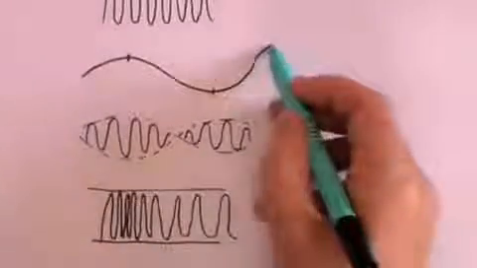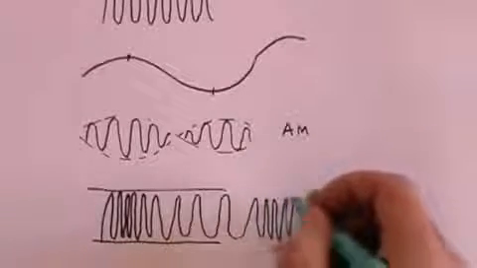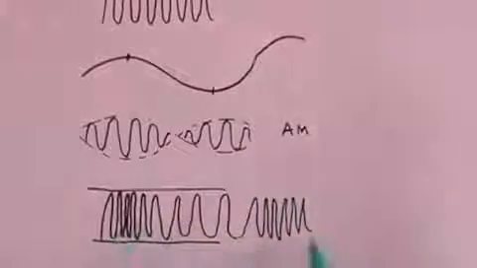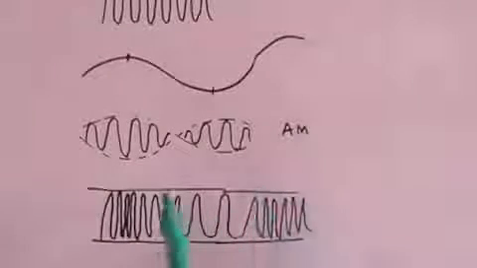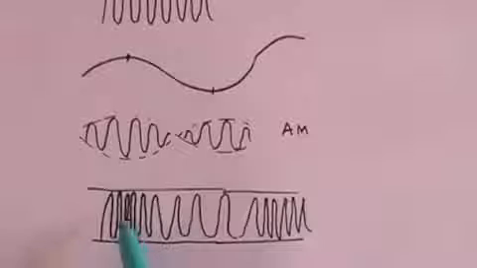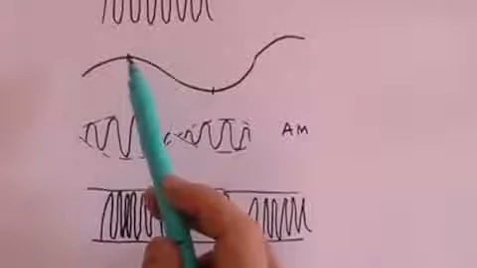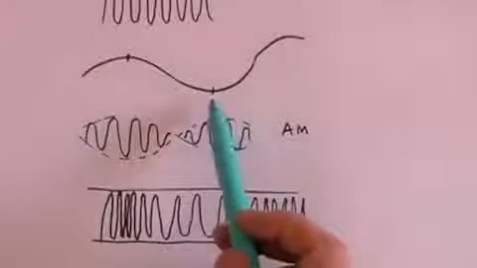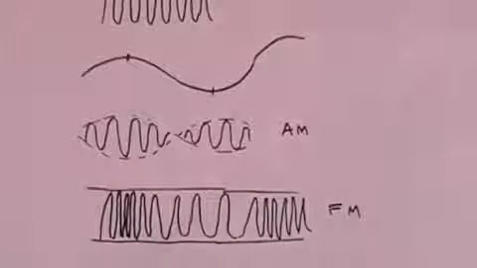And then as the wave goes up again, the frequency becomes very high. So the amplitude of the wave remains the same. It's the same height throughout. But the frequency increases and decreases according to whether the amplitude is high or low. And that's called a frequency modulated wave, FM.